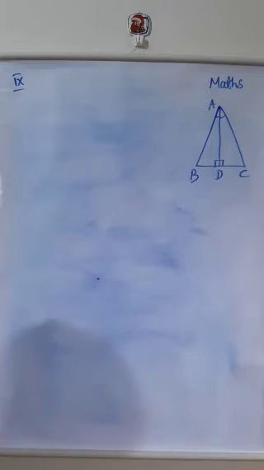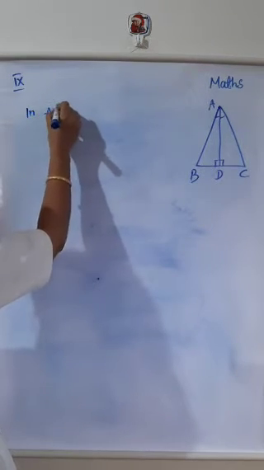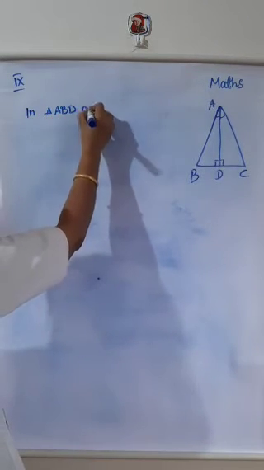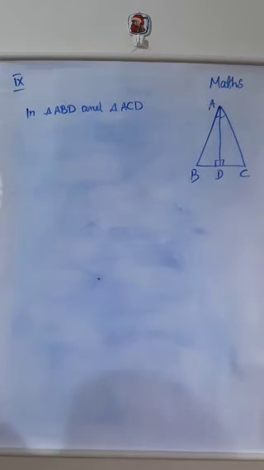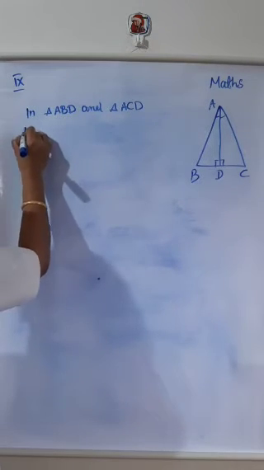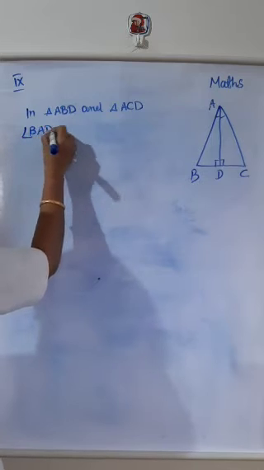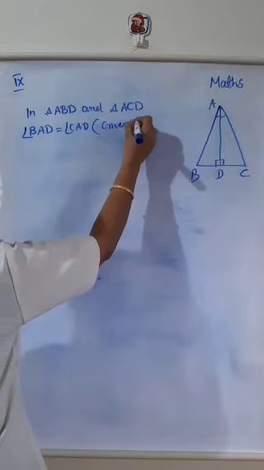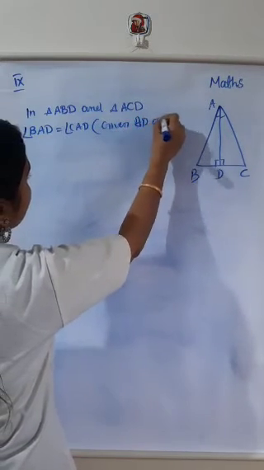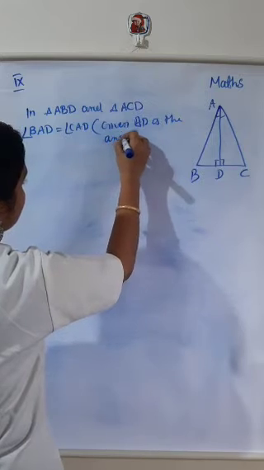So let us consider triangles ABD and ACD. Given that AD is the angle bisector of angle A, so angle BAD is equal to angle CAD.